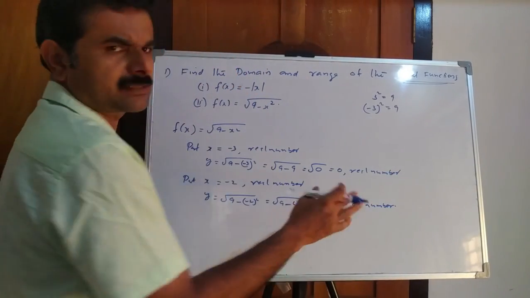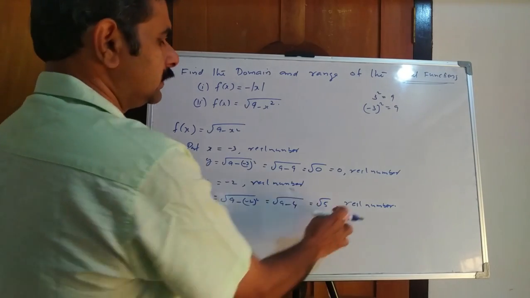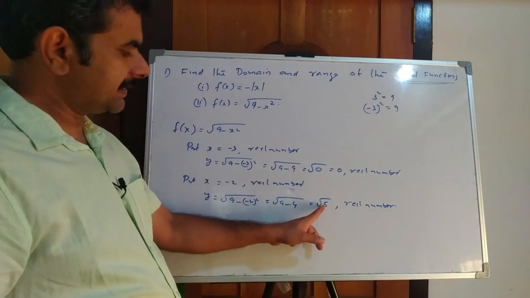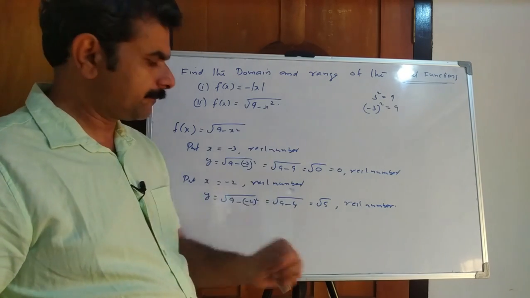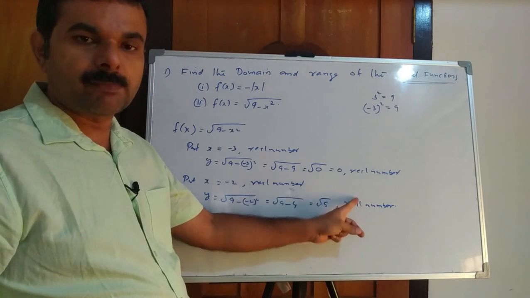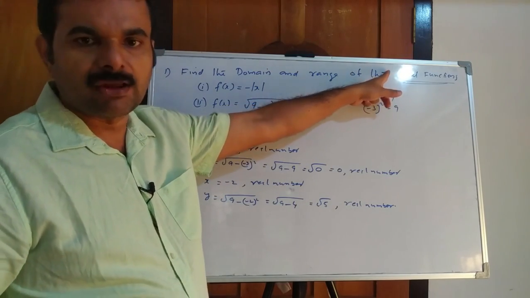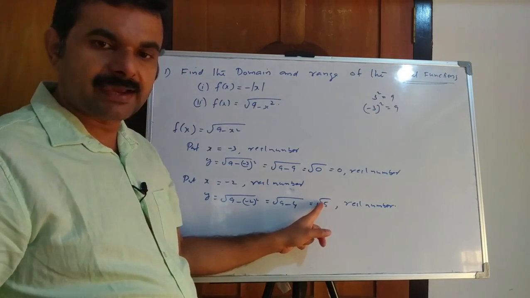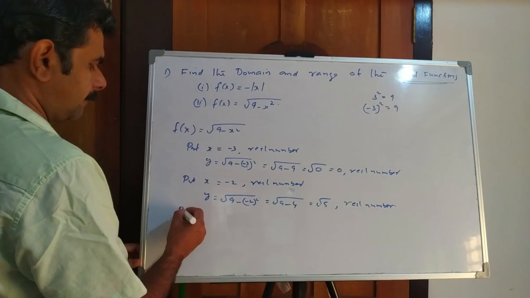Root of 5 is 2 point something; you can find the value by using a calculator. It's also a real number. Here negative is not included. If negative is included, such as root of negative 5, it will not be a real number. But our question is aimed only at a real valued function. So here there is no negative, therefore no problem.